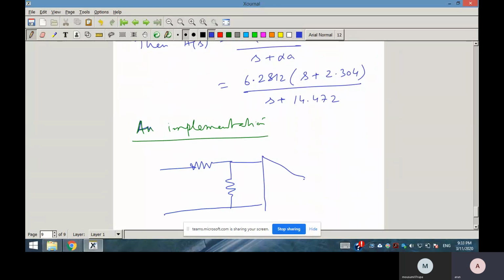This is your amplifier, alpha. This is the capacitor C. This is R1, this is R2, and this is V1.